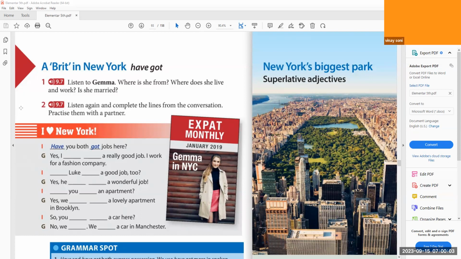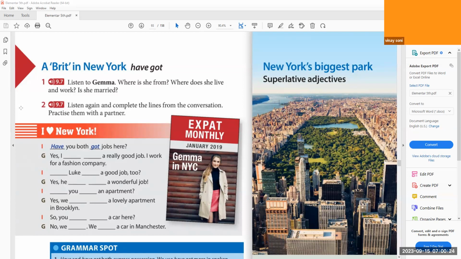In English, especially spoken English, British spoken English. Okay, remember this. I said British spoken English. Instead of have, people use have got for possession.